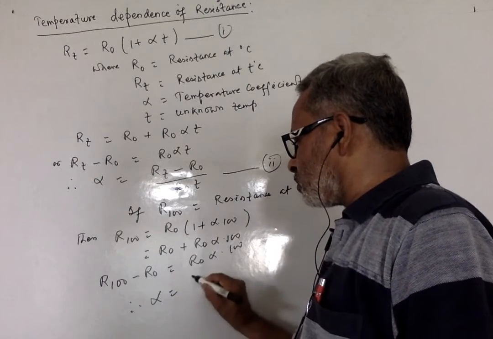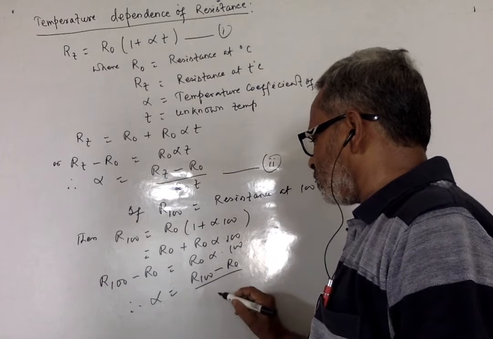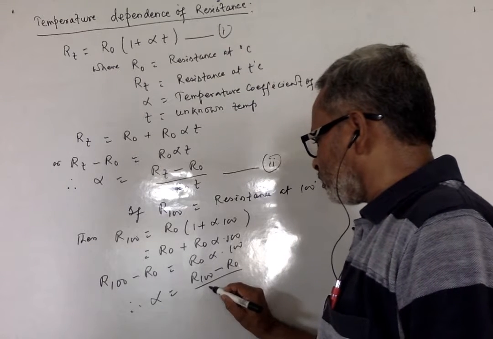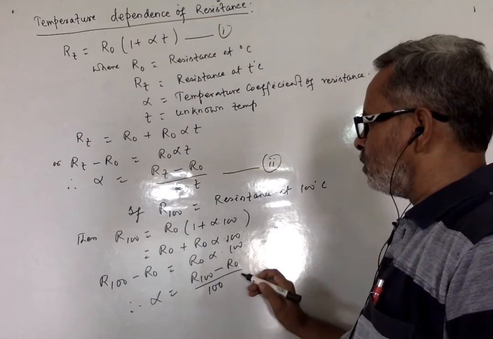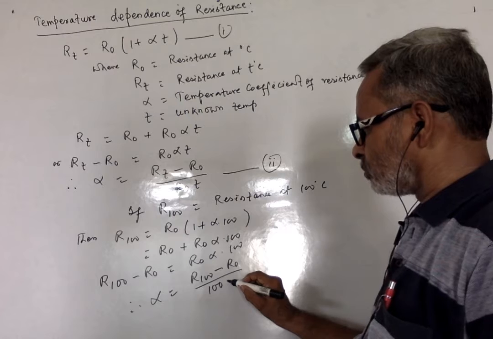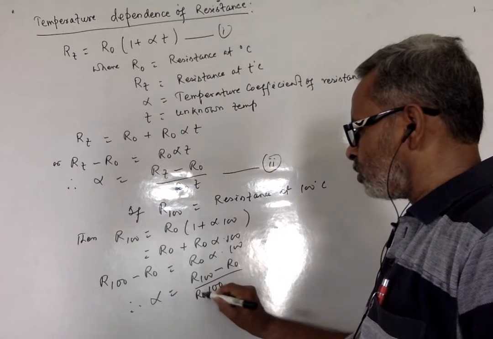Therefore, alpha equal to R100 minus R0 by R0 into 100.